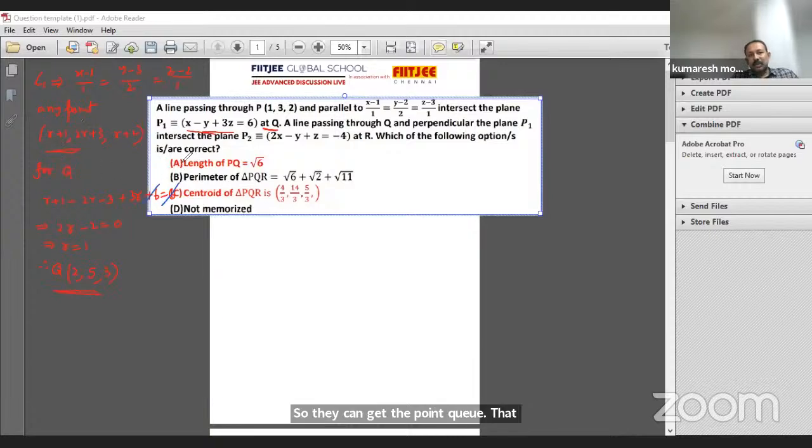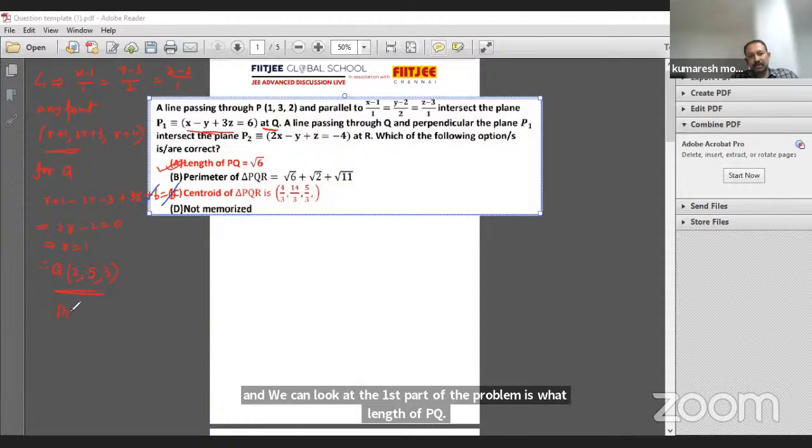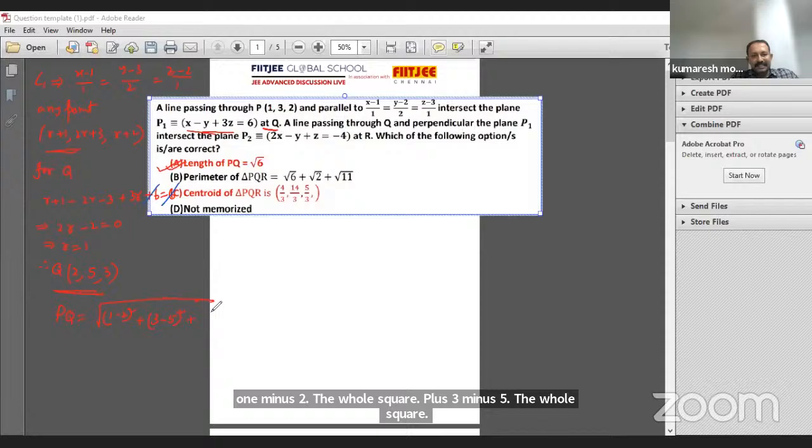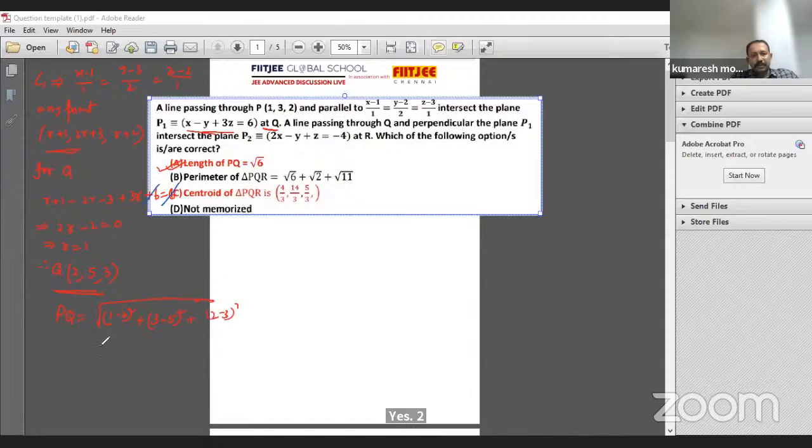And the first part of the problem is the length of PQ, which I can get from these two points. What is the length of PQ? Root over the distance between these 2 points: (1 minus 2) whole square, plus (3 minus 5) whole square, plus (2 minus 3) whole square, which must be equal to what?